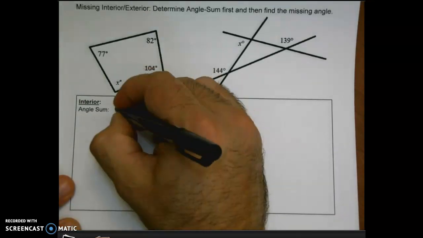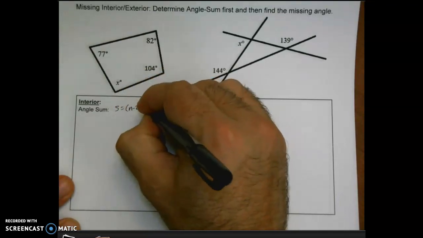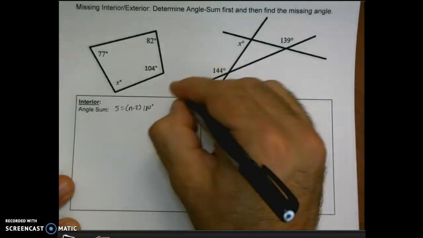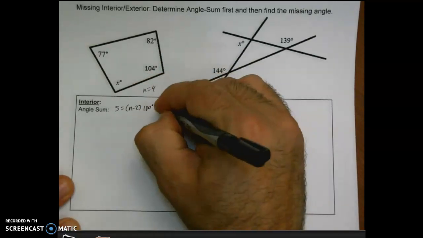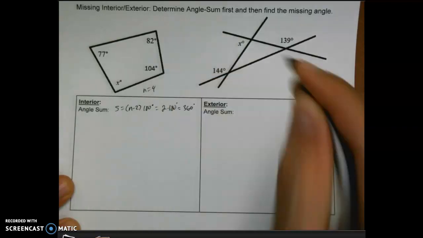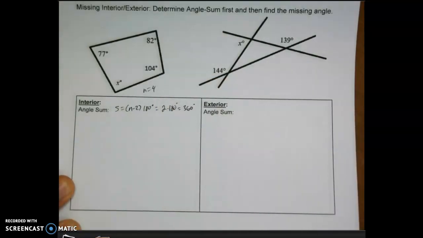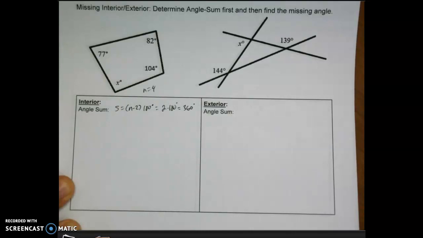Again, I'd use my S formula, which is n minus 2 times 180. Since n equals 4 here, that would be 2 times 180, or 360 degrees. So my angle sum there is 360. And I had to use my formula substituting n equals 4 for this one.